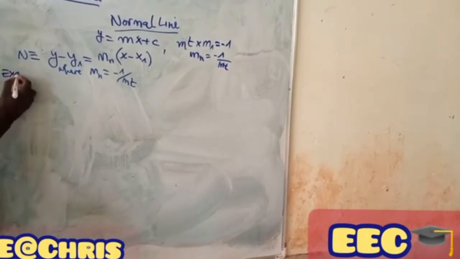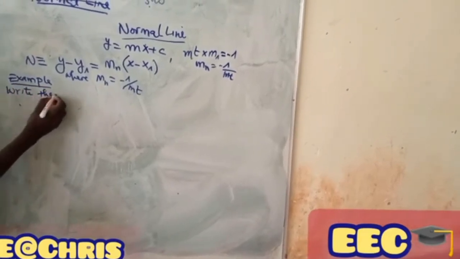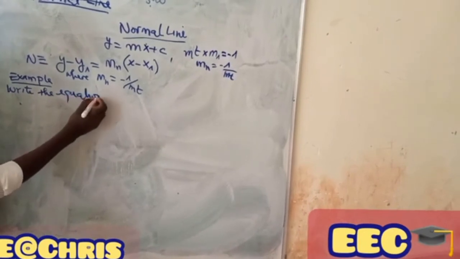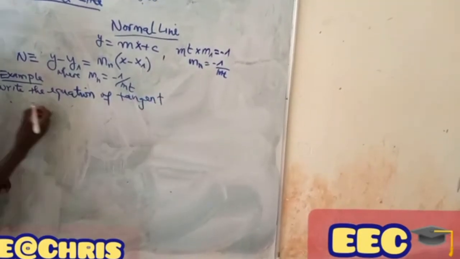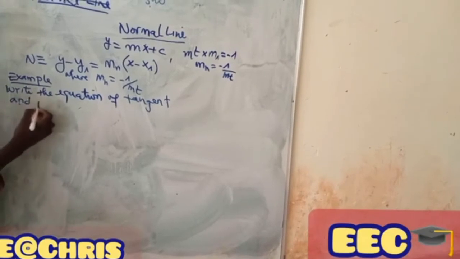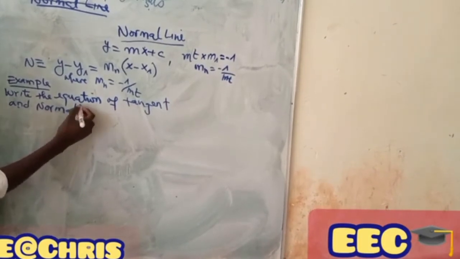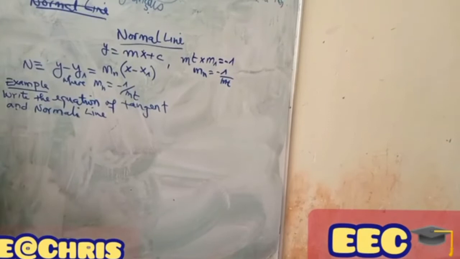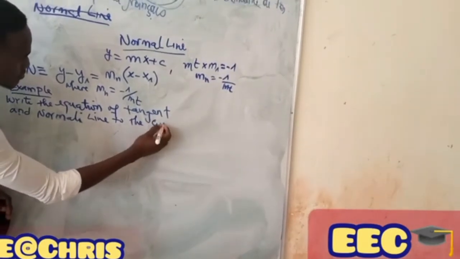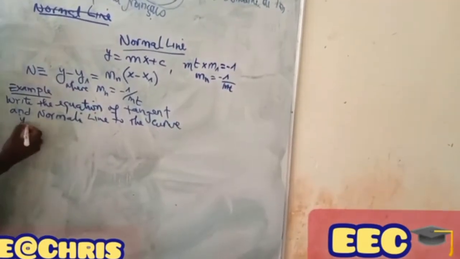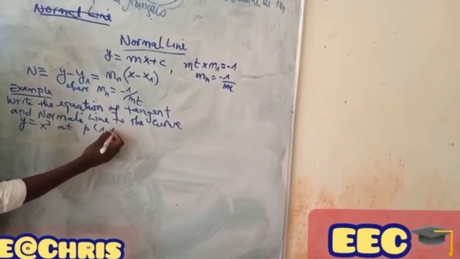Example: write the equation of tangent and normal line to the curve y equals x to the power 3 at the point P (1, 1).